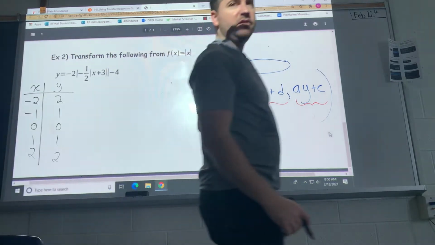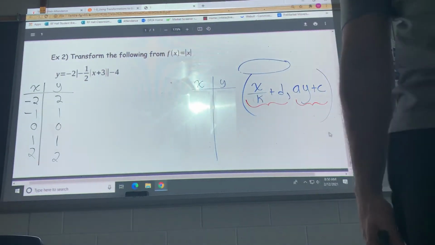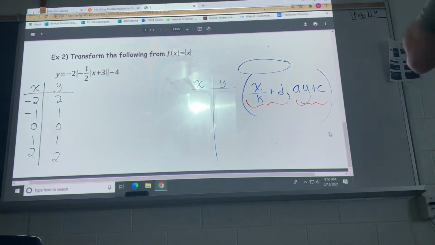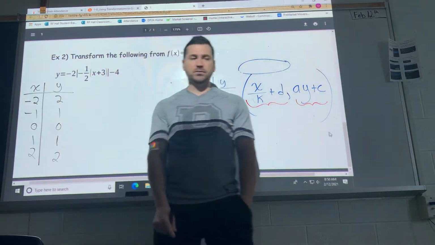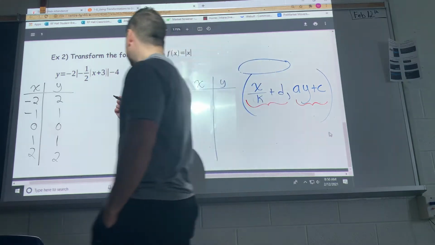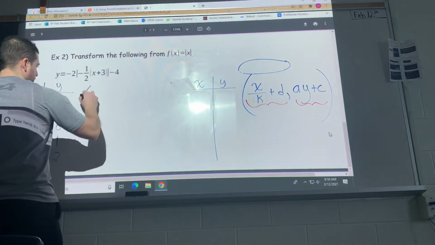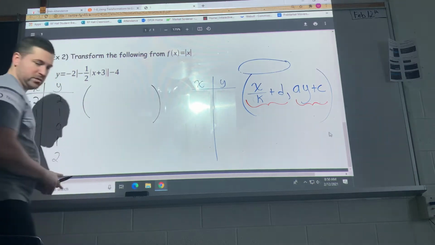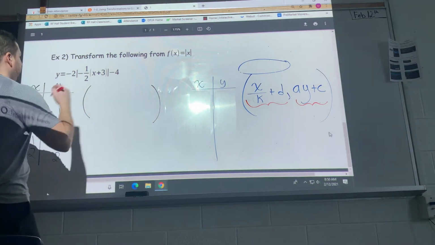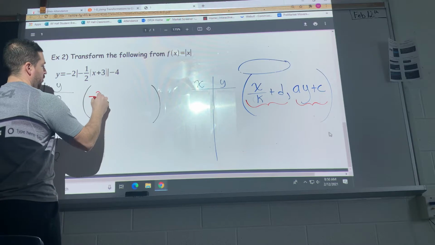Okay, so again, the parent function, the values we're going to do from -2 to +2. And when you substitute them in, you get 2, 1, 0, 1, 2. So again, we're going to use -2 and +2 as our first points.